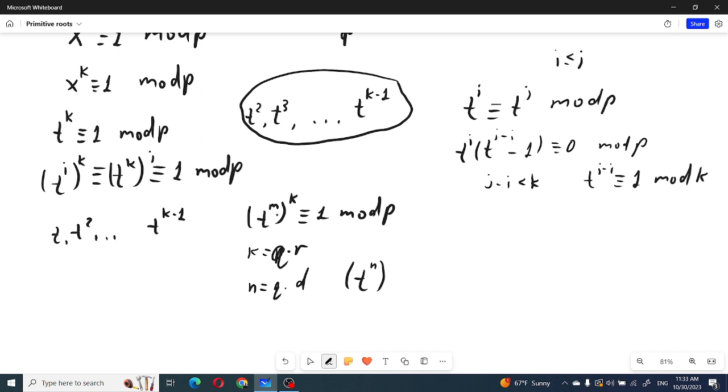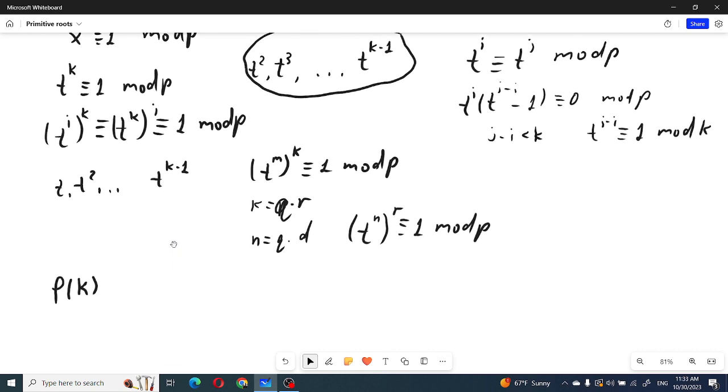We need to take this only to the r power to get 1. So we can conclude that for t to the n, k will not be the order. And for how many numbers will we have k as the order? We need to count all the numbers which are less than k and coprime to k. And this is clearly phi of k, the Euler's function for k.